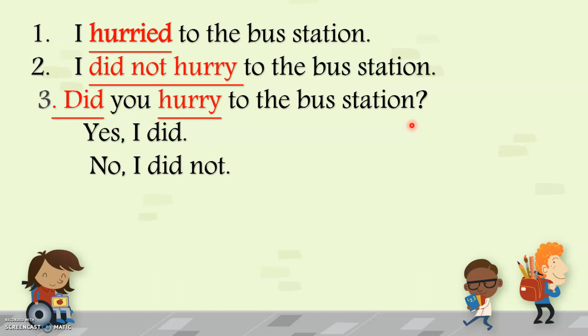You can answer by yes, I hurried to the bus station yesterday, or the negative form, which is no, I didn't hurry to the bus station yesterday. You need to make sure that if you are answering with no, you need to answer with the negative form, which is no, I didn't hurry to the bus station.